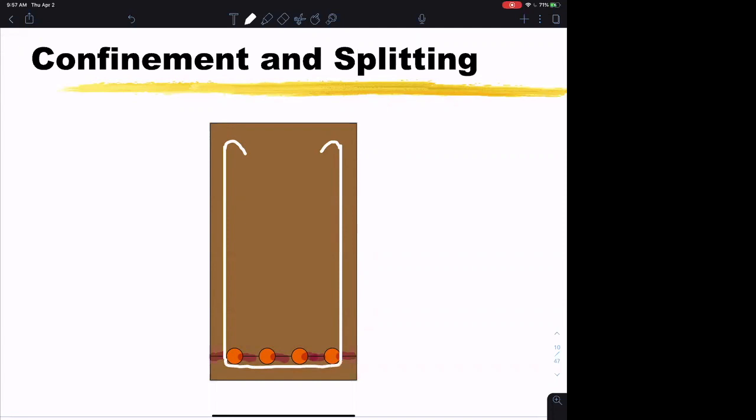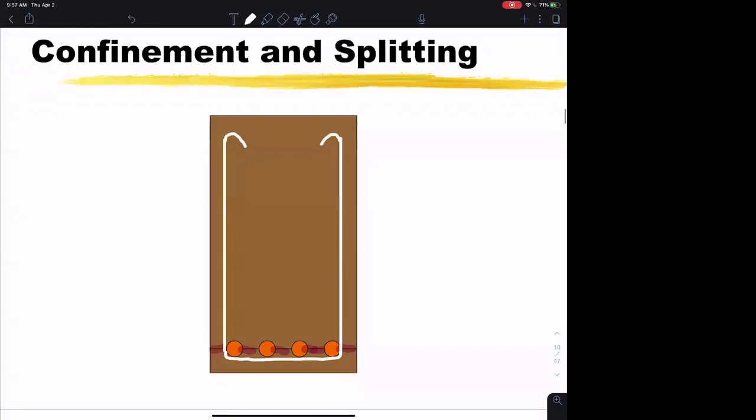So there's our stirrup. And if you have the stirrup, it will hold the bottom of the beam onto the top of the beam, and it stops it from splitting apart. And so stirrups, this is a really weird concept, stirrups increase the grip of the concrete on the bars because it prevents this slipping. So keep that in mind.